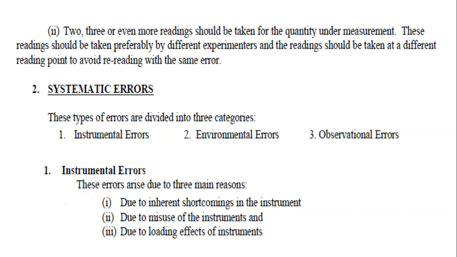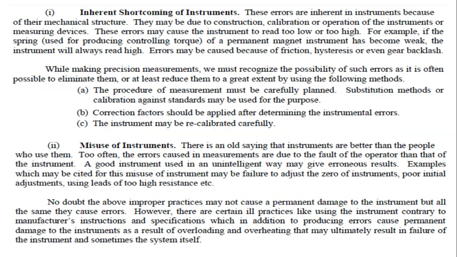How can you avoid inherent shortcomings in the instrument? One is by substitution methods or calibration against standards, second is by applying correction factors, and third is by recalibrating it.